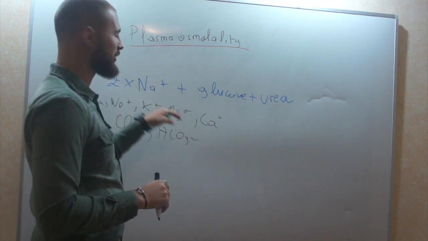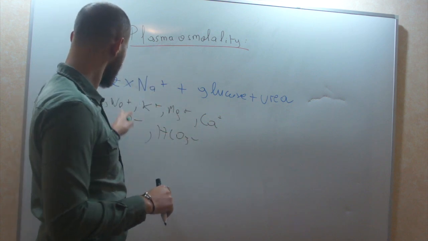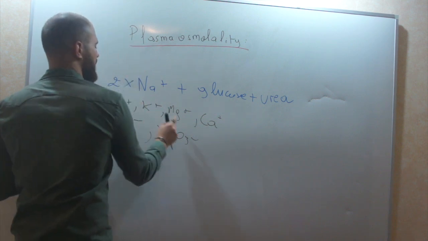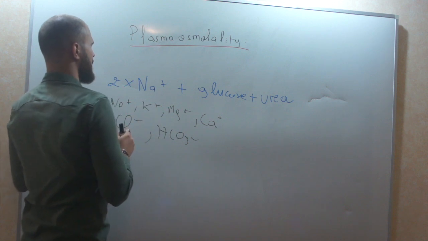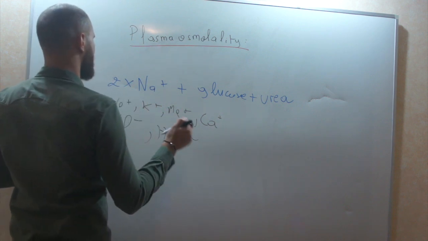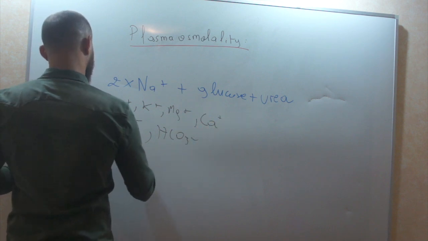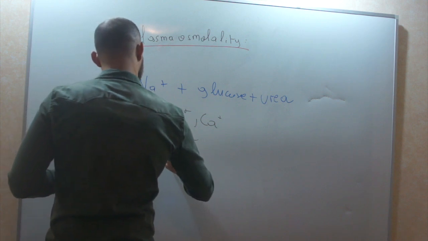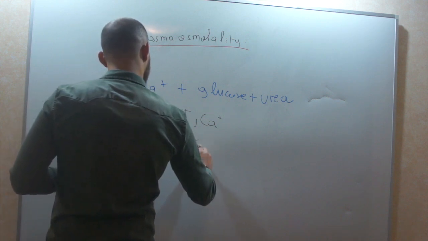So when we calculate the plasma osmolality, we don't take all of this into account. We just add this with this, with this. The quantity of sodium in the blood is like 140 millimole per liter.